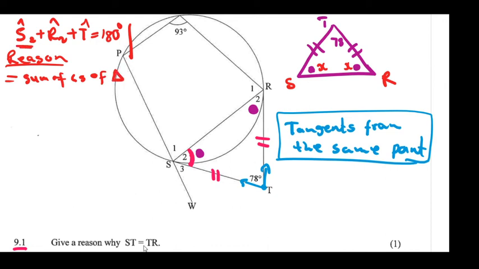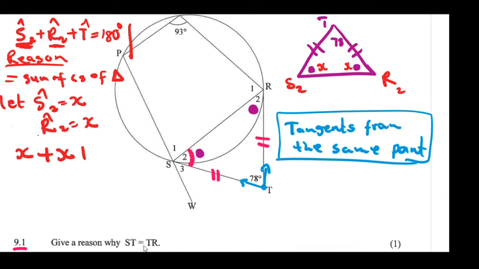So we want S2, right? And I said let S2 be equal to X, meaning that R2 is also X. So in place of this S2, we're gonna write X, plus in place of this R2, we're gonna write X, plus in place of this T, we write the angle here, which is 78 degrees, equals 180 degrees.